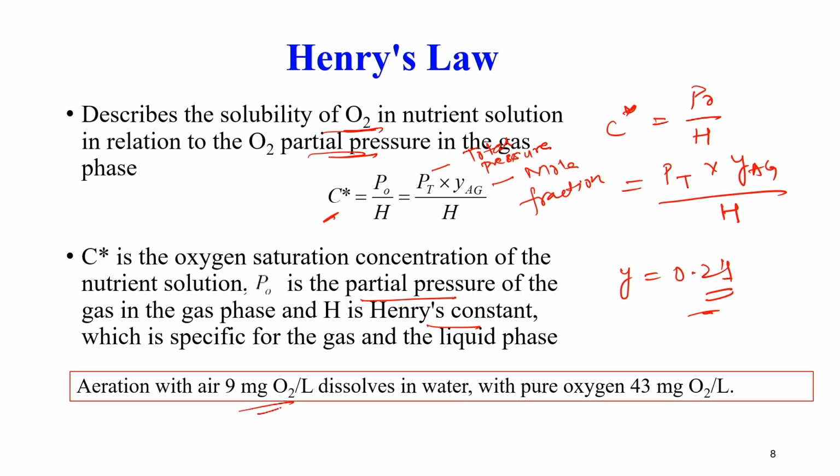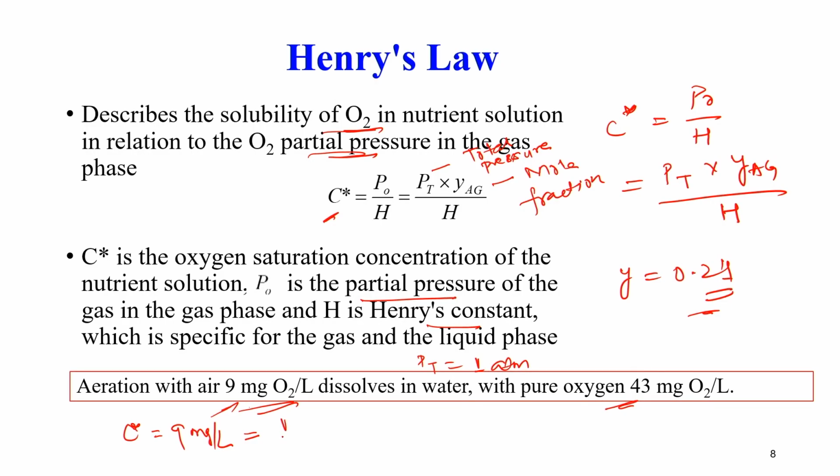So, let us say if you are supplying the oxygen through air and the solubility is 9 milligram per liter, and when you supply the pure oxygen, what will be the solubility? So, let us say C star is given as 9 milligram per liter, this is equal to total pressure, assume 1 atmosphere, we assume Pt as 1 atmosphere constant value.